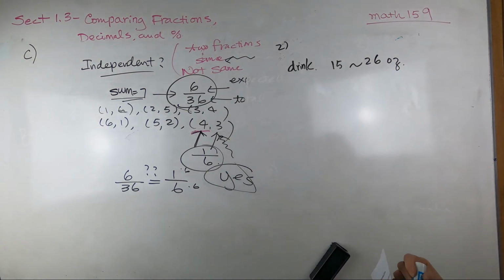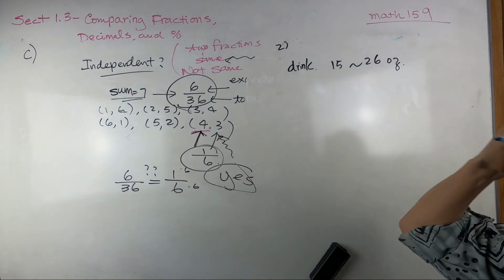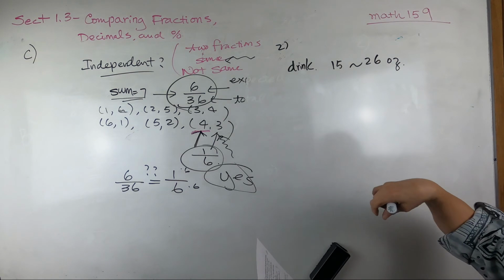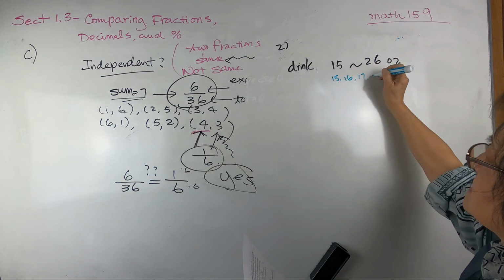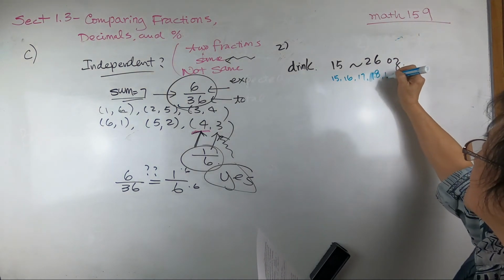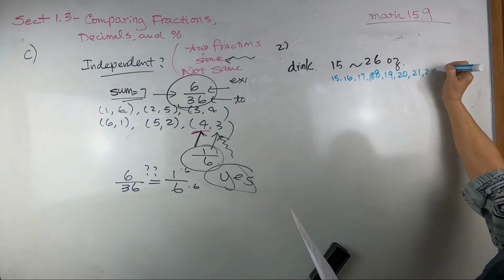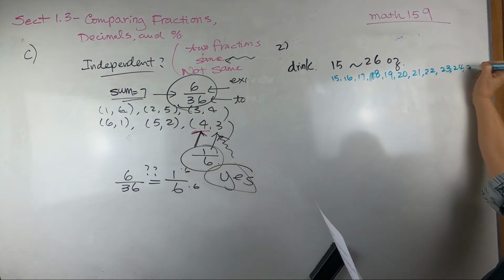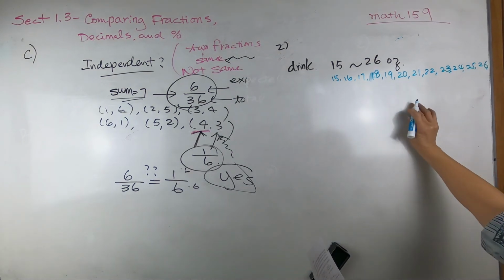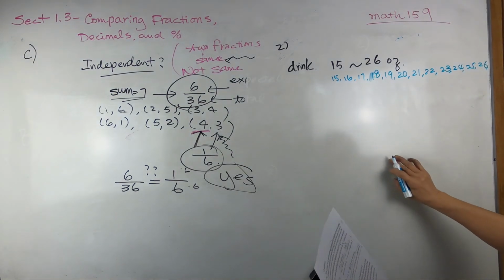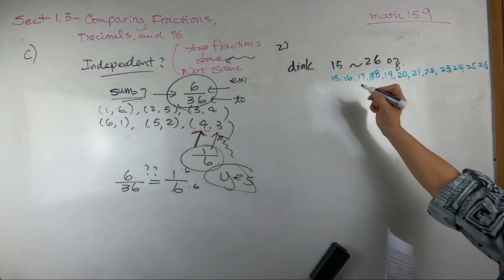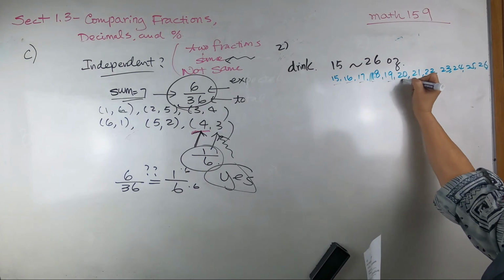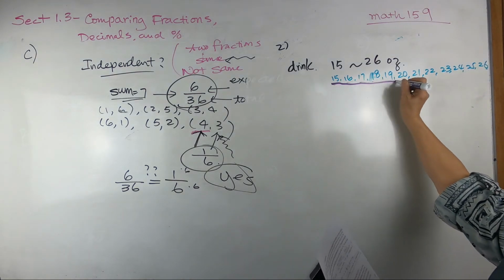For a drink, there are different sizes, so you just pick one: it can be 15 ounces, 16, 17, 18, 19, 20, up to 24, 25. I just spelled it out so you can see, using whole numbers. Less than 22 ounces means the one you pick can be 15, 16, 17, 18, 19, 20.